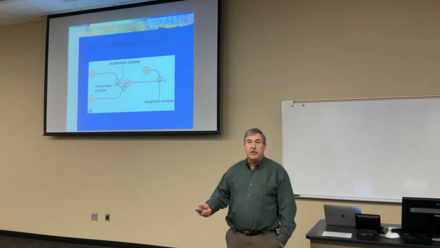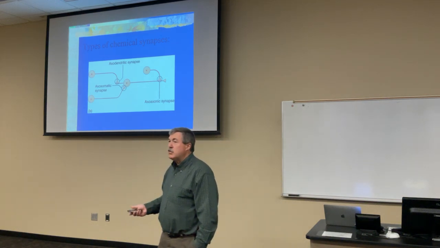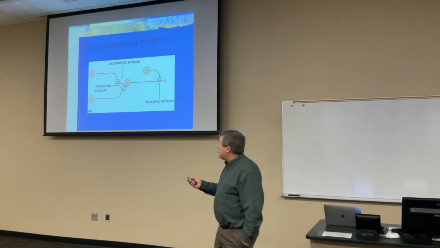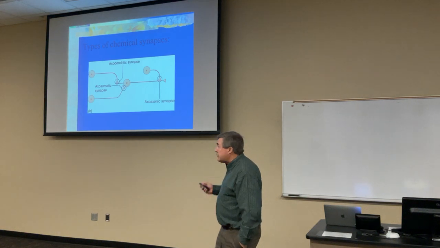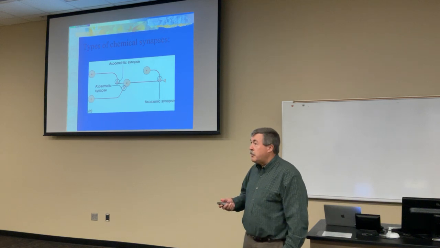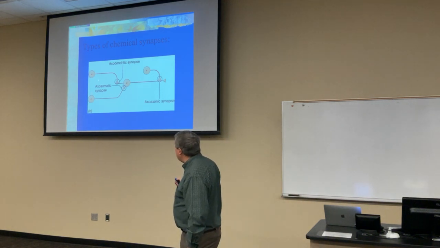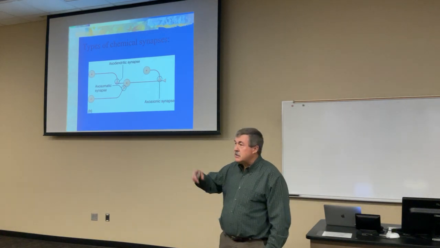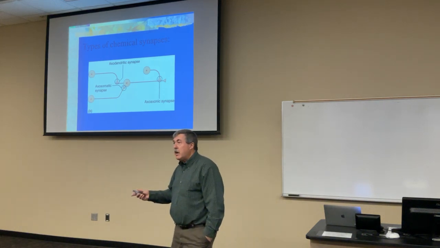That's always the example we show when we're talking about how synapses work. But there's other possibilities. It's also possible for the presynaptic neuron to synapse on the soma, or the cell body of the postsynaptic neuron. That's called an axosomatic synapse, because it's a synapse between the axon and the soma, or cell body.